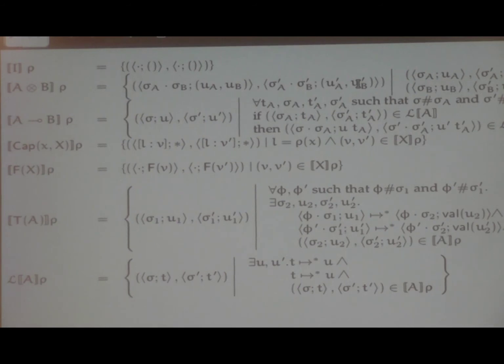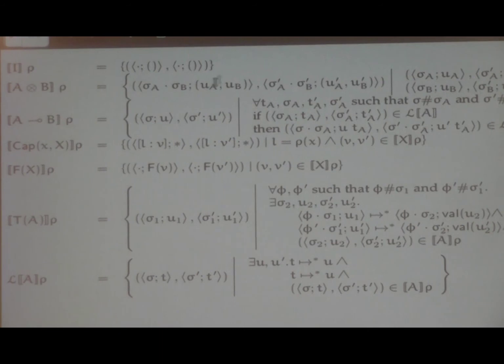And furthermore, A tensor B owns some memory. So remember that every value of the semantic linear type relates configurations, which are the memory, a value, and the memory it owns. So we're saying that when you have a tensor product, the memory that it owns can be divided into two parts.